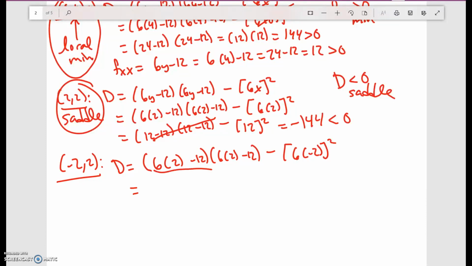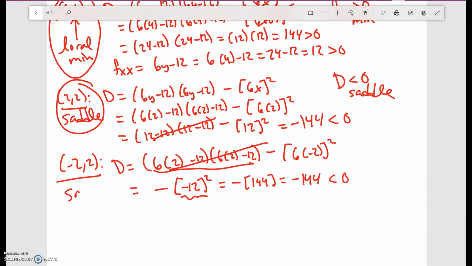We already figured out what this part was. It was just 0. This is going to give me a negative 12 squared. The negative stays, then I have 144, so this is just going to be negative 144, which is still less than 0. So this is going to be a saddle point.